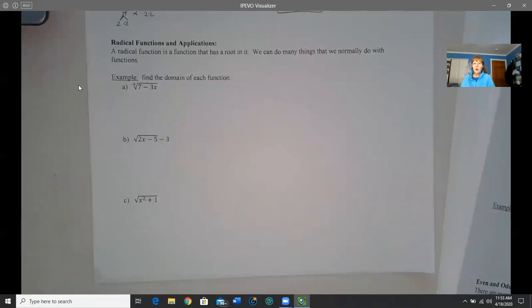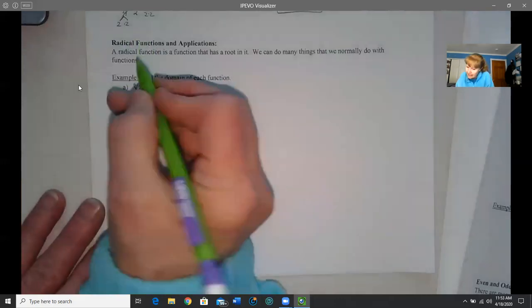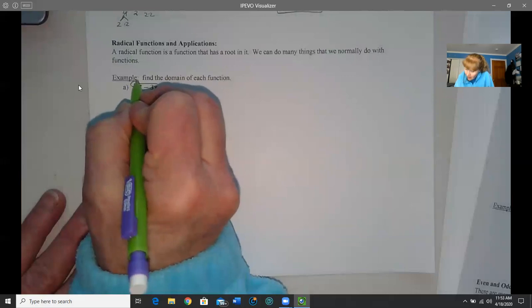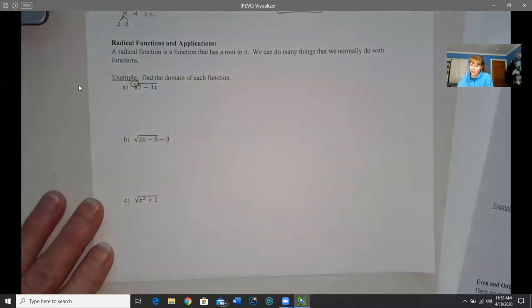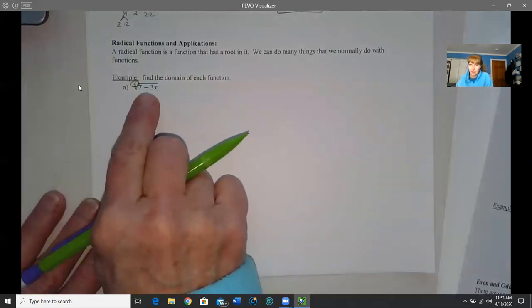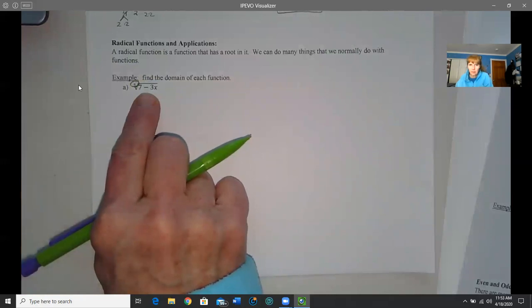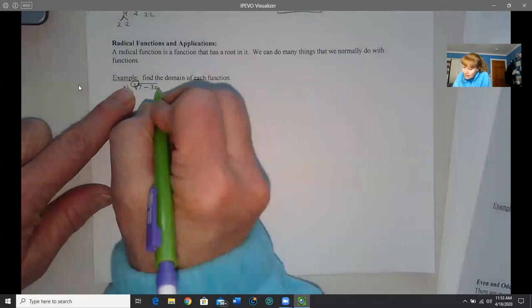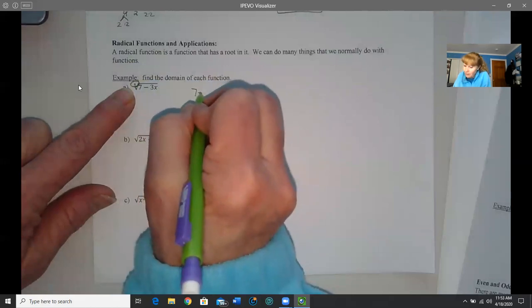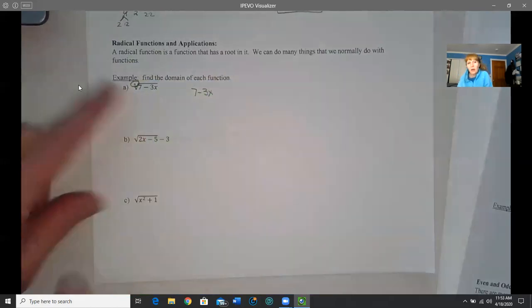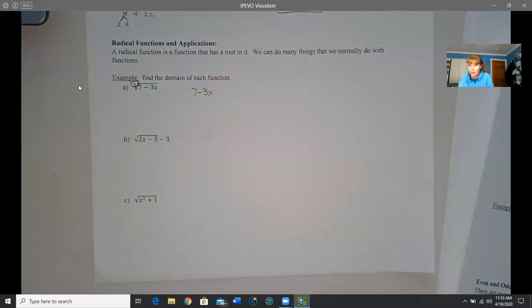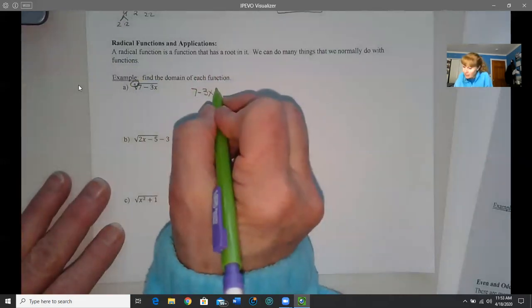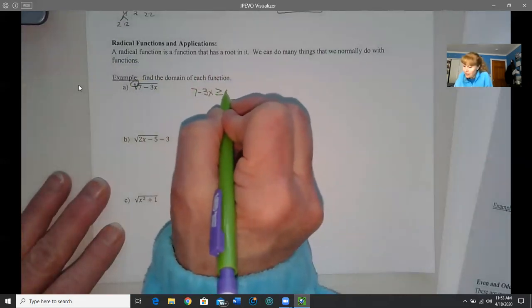domains. So when you want to find the domain of these functions, if this is even, I know that I can only put in positives. So we've looked at this idea before, but it's a good idea to review. Because this has to be positive, another way of saying positive is to say it has to be greater than or equal to 0.